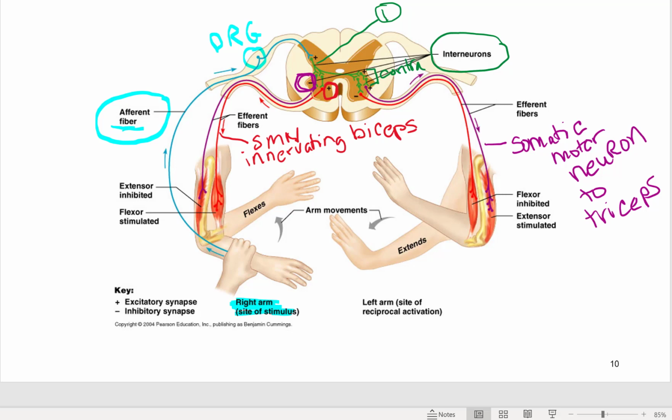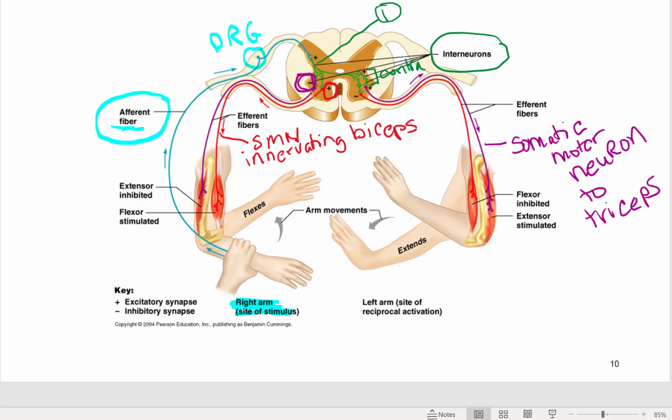That means that somatic motor neuron innervating the triceps would be hyperpolarized, not reach threshold, would not fire an action potential, and the triceps would stay relaxed. The triceps are an antagonistic muscle group to the biceps. If the biceps are contracting, the triceps should stay relaxed.